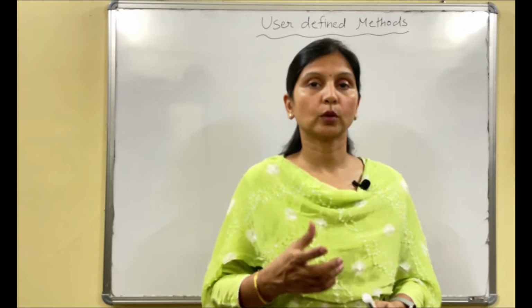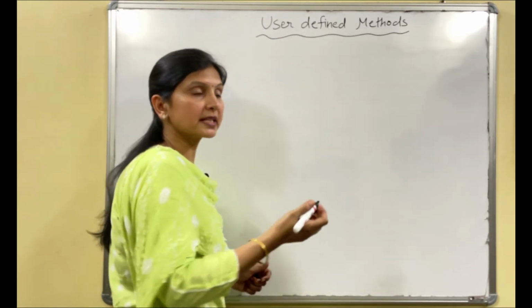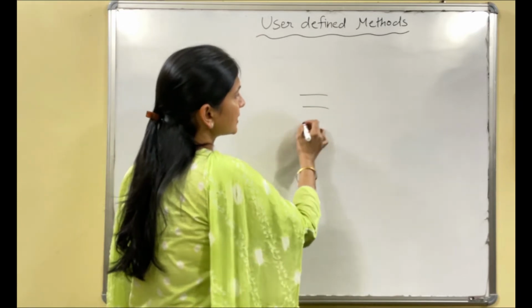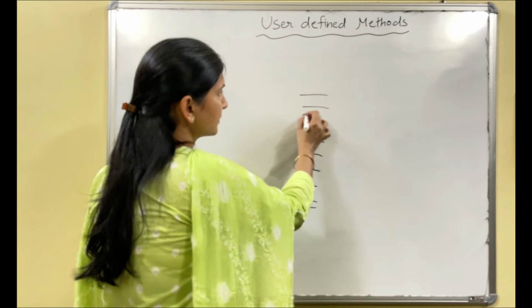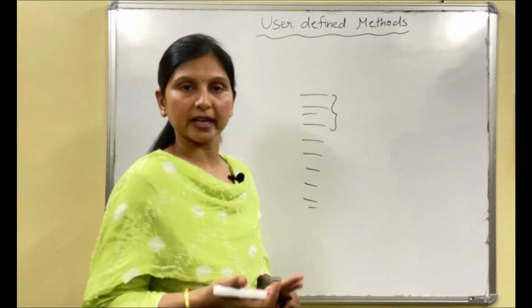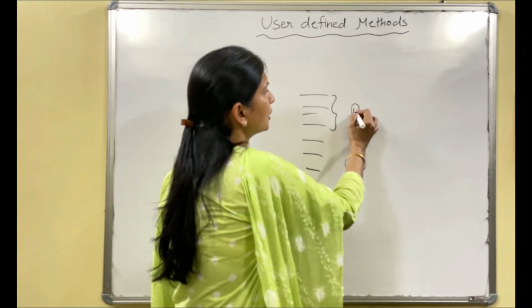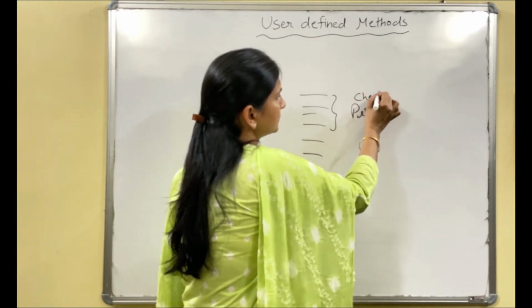Now what is a method? See, suppose, what is a program? A program is a set of instructions or a set of statements. Suppose these are the set of instructions, and these 4 statements are used to check whether a number is prime or not.